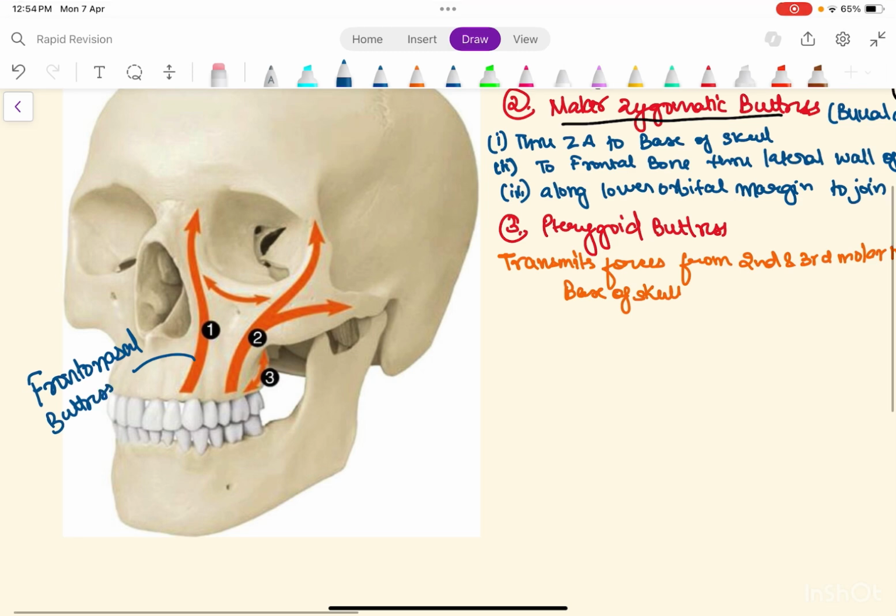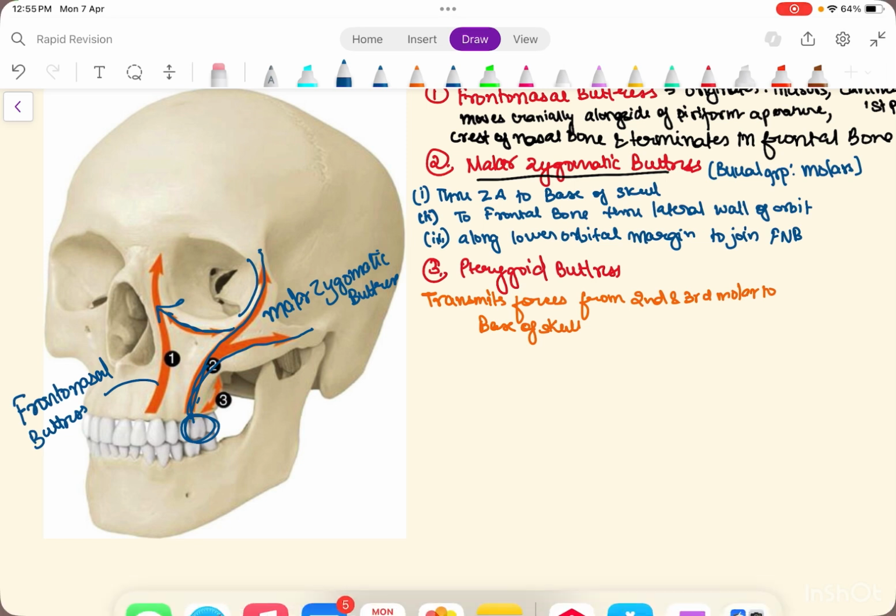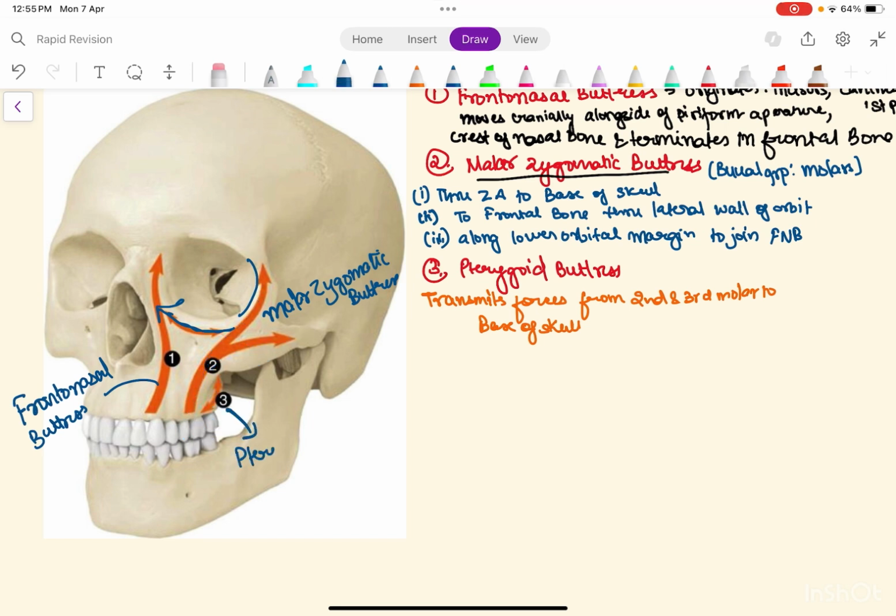Then second is the malar zygomatic buttress. It's from the buccal group of molars. It has three pathways: one through the zygomatic arch to base of skull, then along the lateral margin of the orbit, then along the inferior margin of the orbit, and joins the frontonasal buttress. Then third is the pterygoid buttress, from the second and third molar to the base of skull. Now these are the vertical ones.